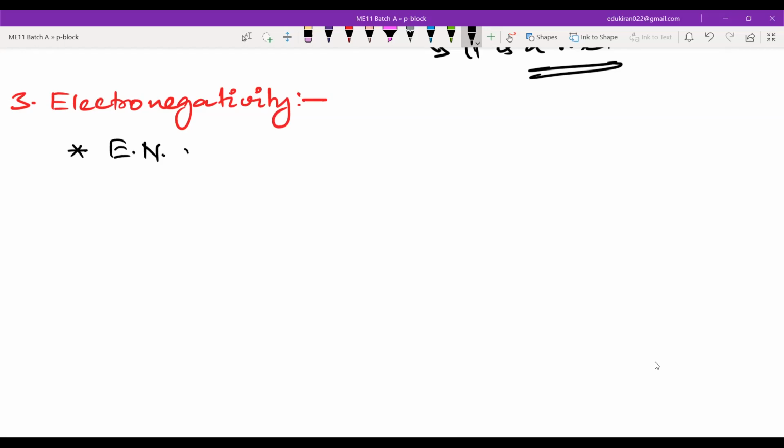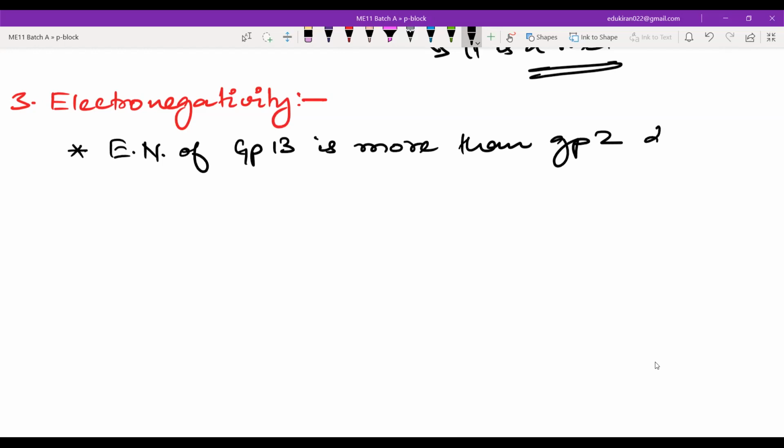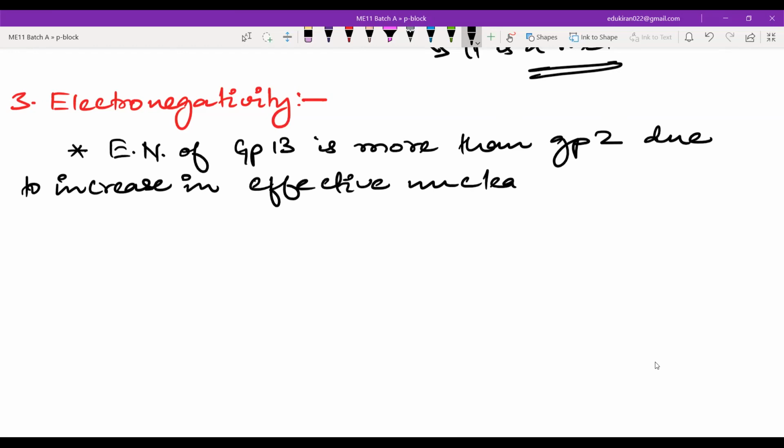So the electronegativity of group 13 is more than group 2. Now, why? Due to the increase in effective nuclear charge.